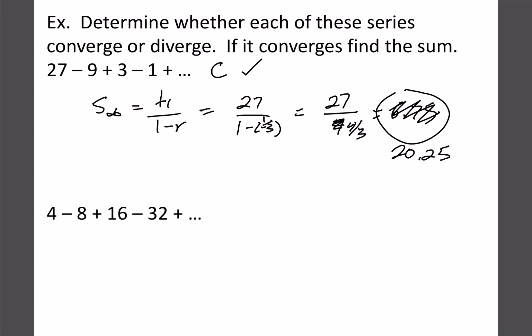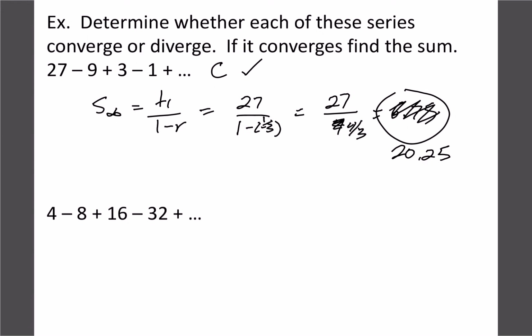Okay, so now what we were doing before, if we go 27 minus 9 plus 3 minus 1 and add a third, and then minus a ninth, and so on, we're getting an answer right around 20. And if we keep on going, you can see it's not going to change that much as that fraction gets smaller and smaller. So 20.25 is the correct answer.